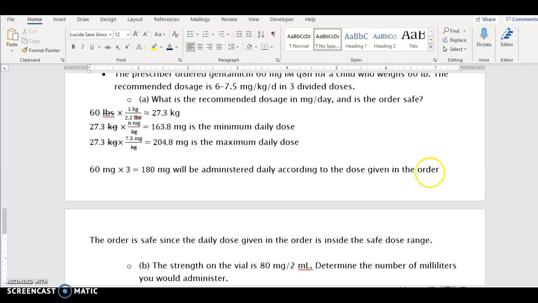That's how you would answer part A. This would be the recommended approach. It's not as tricky as the other approach that I just explained. Hopefully that makes sense.